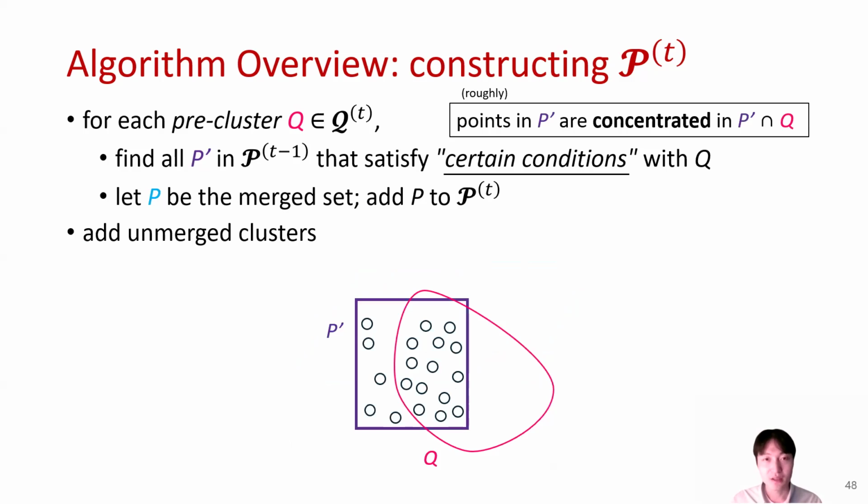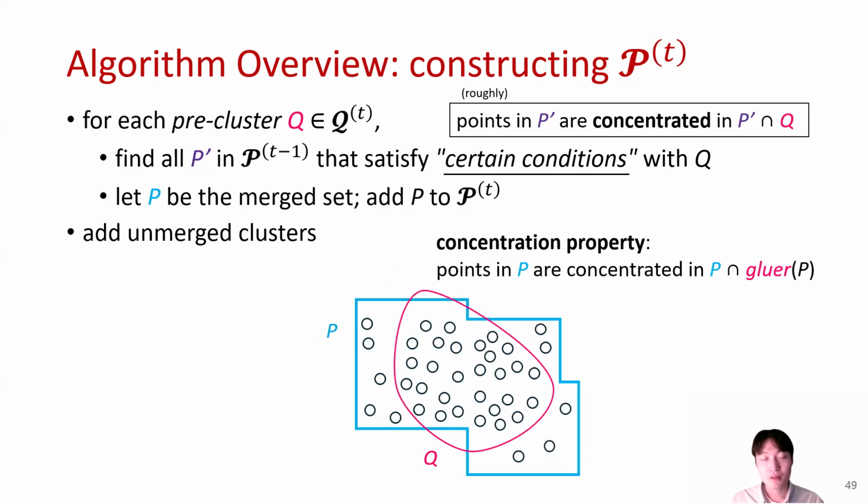Roughly speaking, the conditions state that most points in the cluster P prime at layer T-1 are in the intersection of P prime and Q. And from this, we can say that most points in each cluster P are in the intersection of P and the gluing precluster of P. We call this concentration property of clusters.